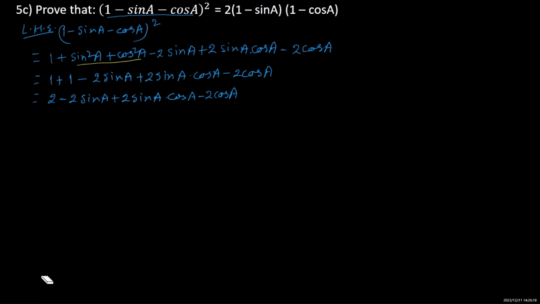Now let's see the RHS. What do we need? We need 2 as common in all. Is there 2 common in all? Yes. 2 is in first term, second term, third term, and fourth term. Let's take 2 common. After taking 2 common, there will remain 1 minus sin A plus sin A cos A minus cos A, other everything as it is.